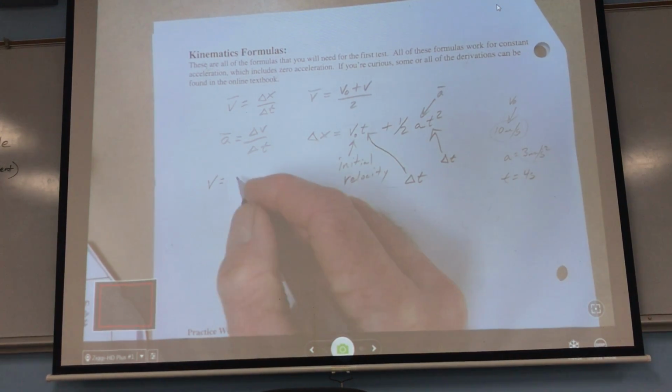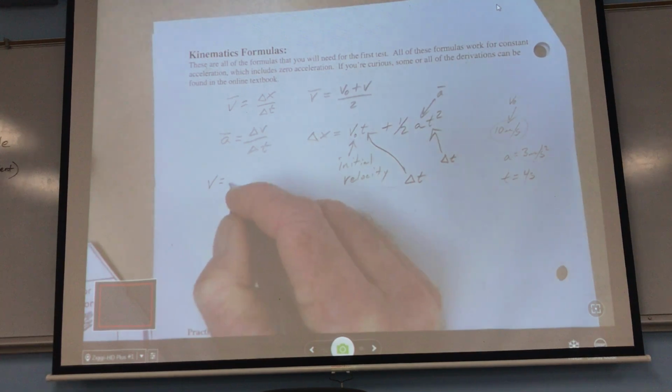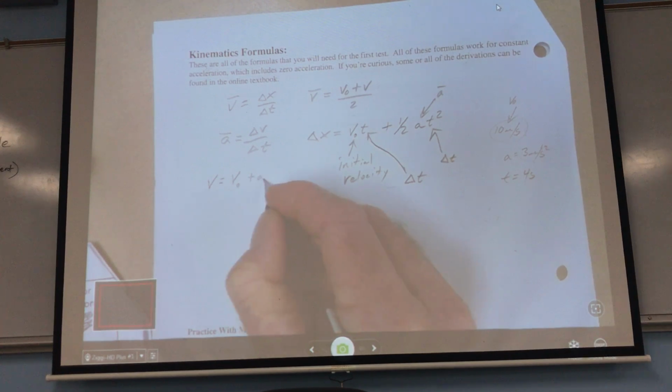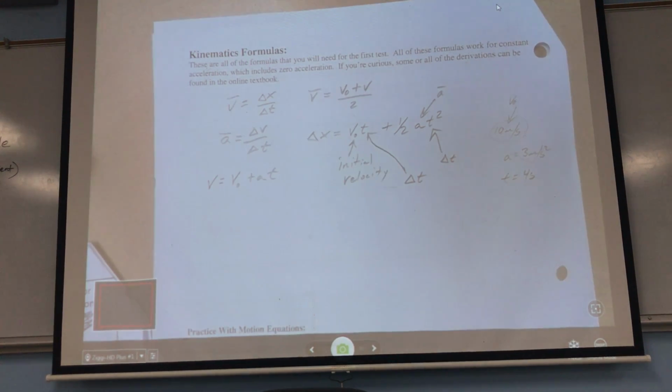If you just thought through it that way, then you derived this formula. The formula for velocity is the initial velocity plus AT. So how fast you're going is equal to how fast you were going plus acceleration times time.